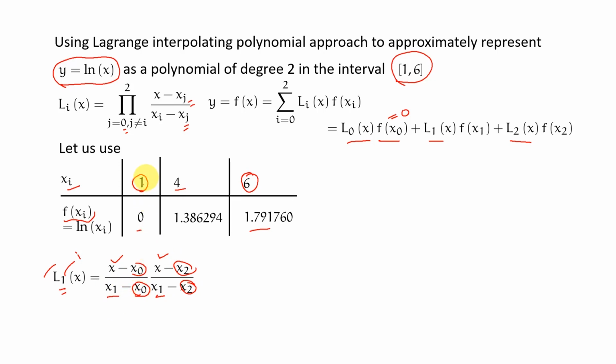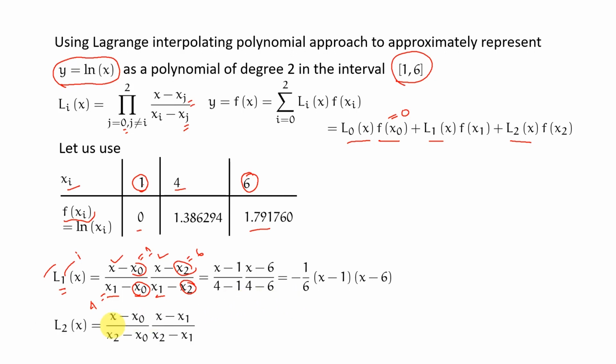I'll now take the values of x0, x1 and x2 from here. x0 is 1, x2 is 6 and x1 is 4. When I plug this in, I get the expression (x minus 1)(x minus 6) over (4 minus 1)(4 minus 6), which gives me minus 1 by 6, (x minus 1)(x minus 6). Similarly, I take L2(x), where i equals 2.